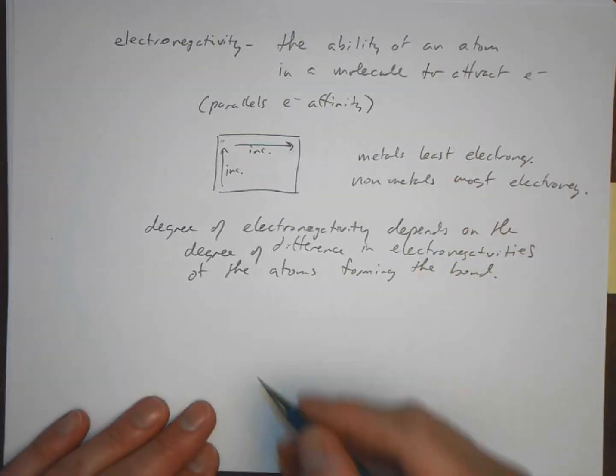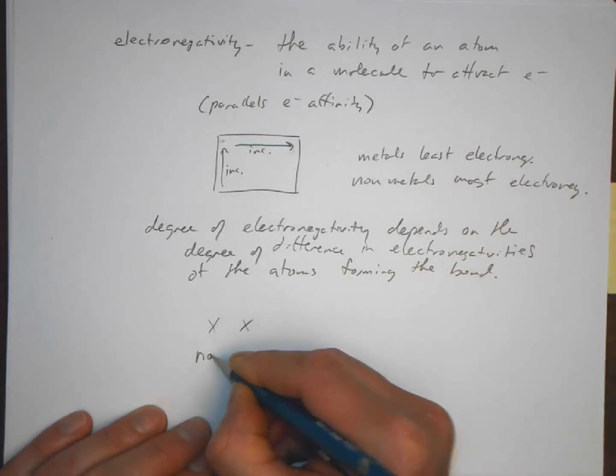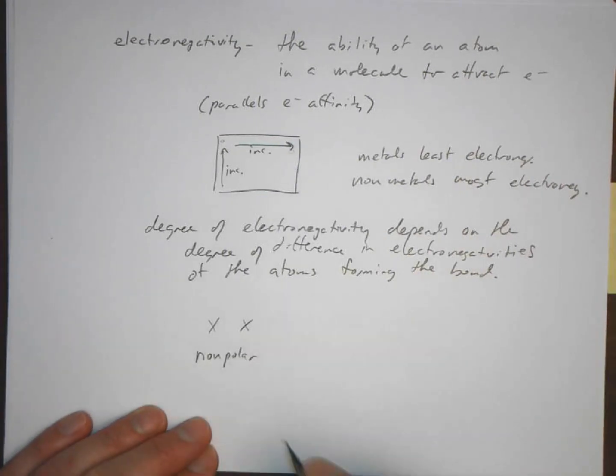Okay, so we could have, for example, a bond that is nonpolar, where we have basically an equal sharing of electrons.